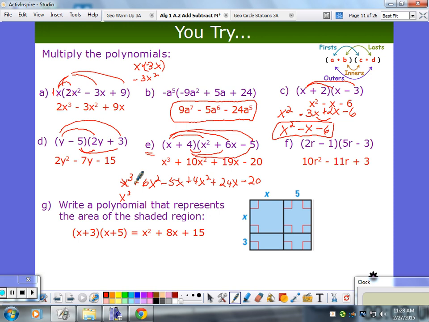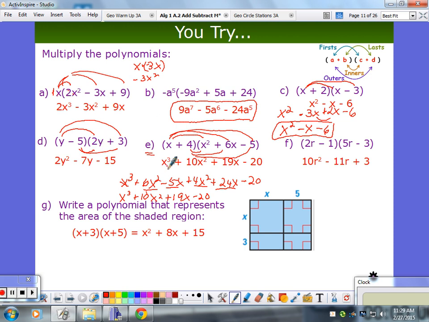That's the only one I see. 6x squared plus 4x squared. That's where I got the 10x squared. Minus 5x plus 24x. That's 19x. And I've just got my minus 20 left. So you always want to kind of do that collection. Collect all the like terms together. This one's a little bit harder, so if you got that one, congratulations. If you're still working on these ones, that's what you do.